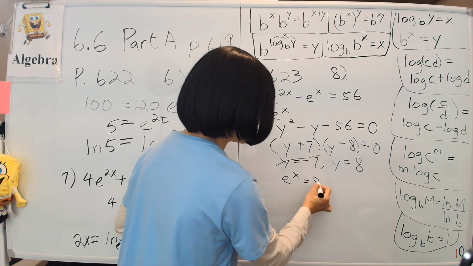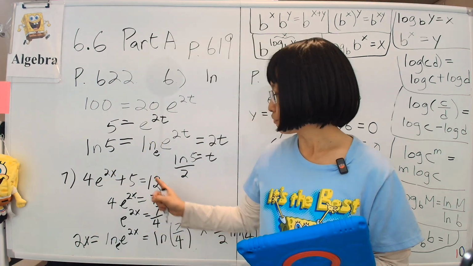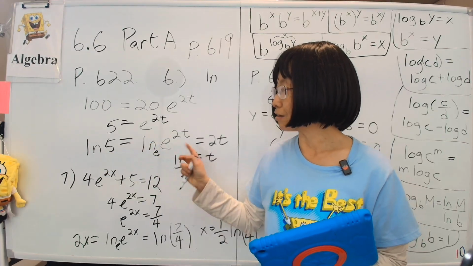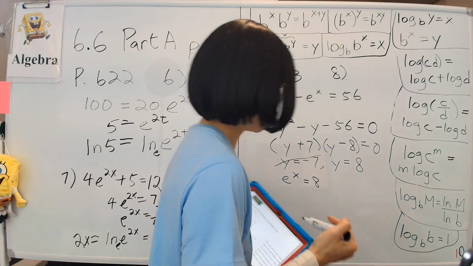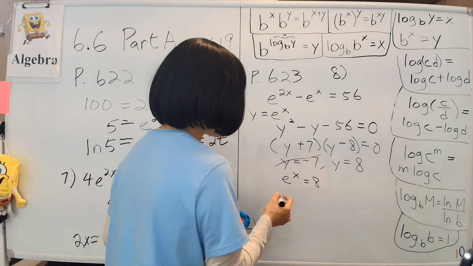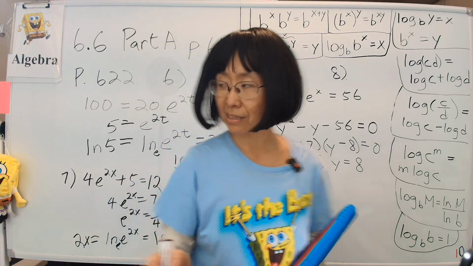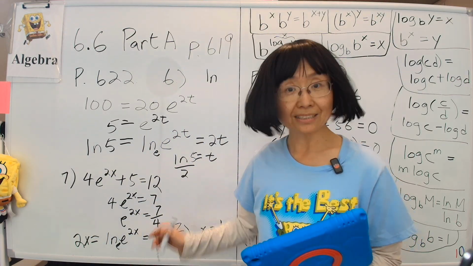Now we need to solve this, and just like before, to solve e to the x equal to something, we slap the natural log in front of it on both sides. It's the standard trick. Don't make my mistake of forgetting to put it on the other side. It should be both sides, to be fair.